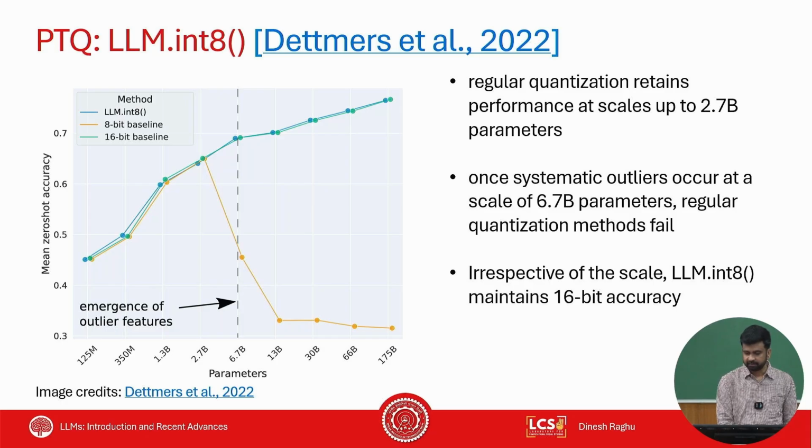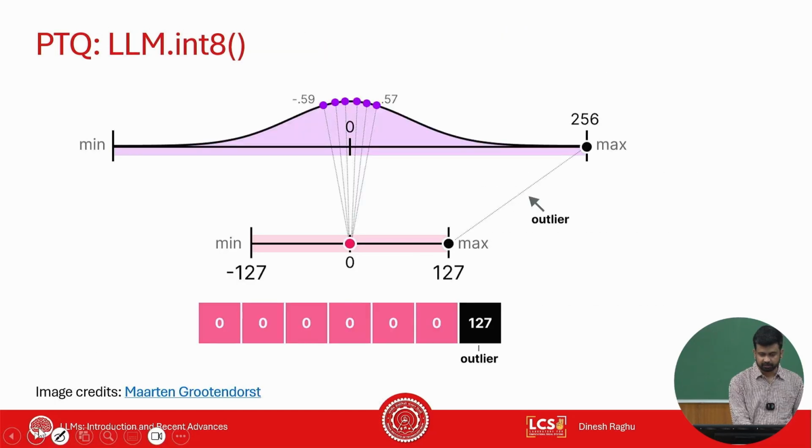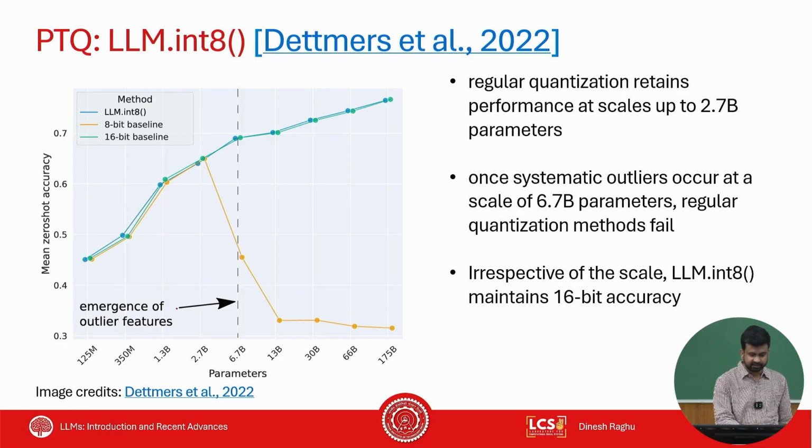So then these people figured out the reason behind this emerging pattern, and they also proposed a way in which you can fix this, right? Their technique is called LLM.int8. Now we'll discuss a bit about what this does. Before going into what this does, the reason why this dip is happening is because of outliers in your vectors.